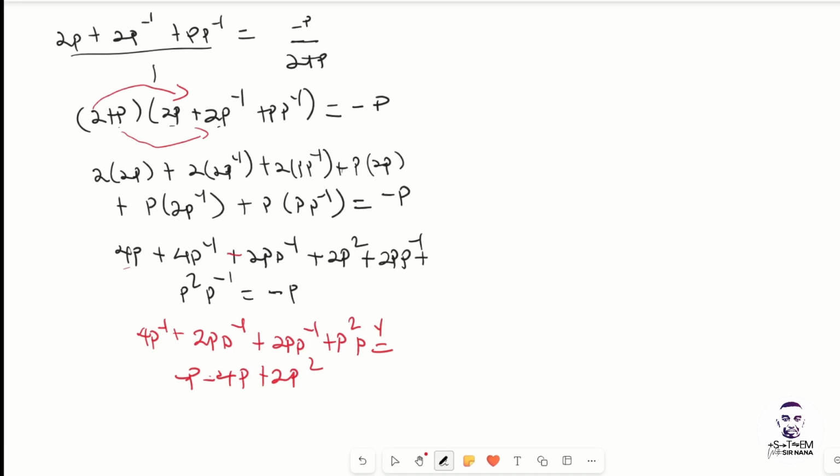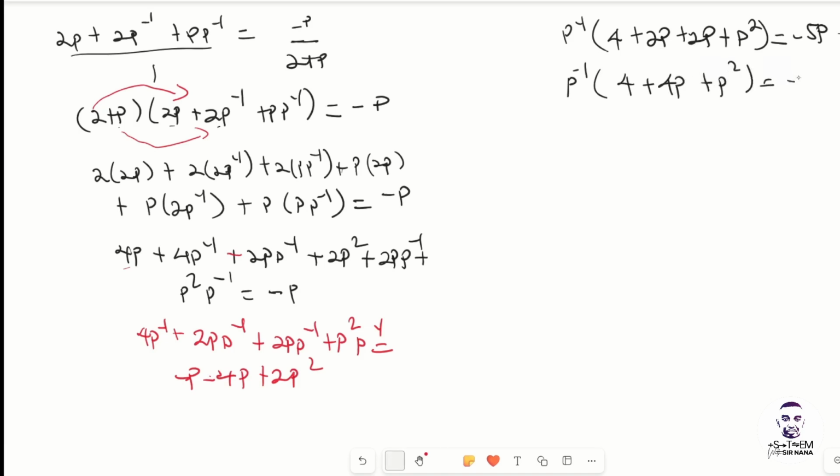So we are going to have P inverse, then that is going to give us 4, right, plus 2P plus 2P plus P squared, and that will be equal to minus P minus 4P will give us minus 5P plus 2P squared. So here we have P inverse 4, 2P and 2P is here, so that gives us 4P. So plus P squared is equal to minus 5P plus 2P squared.